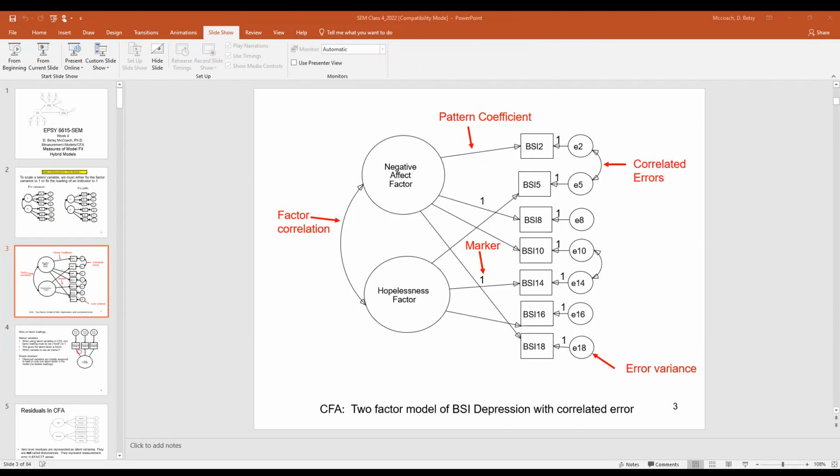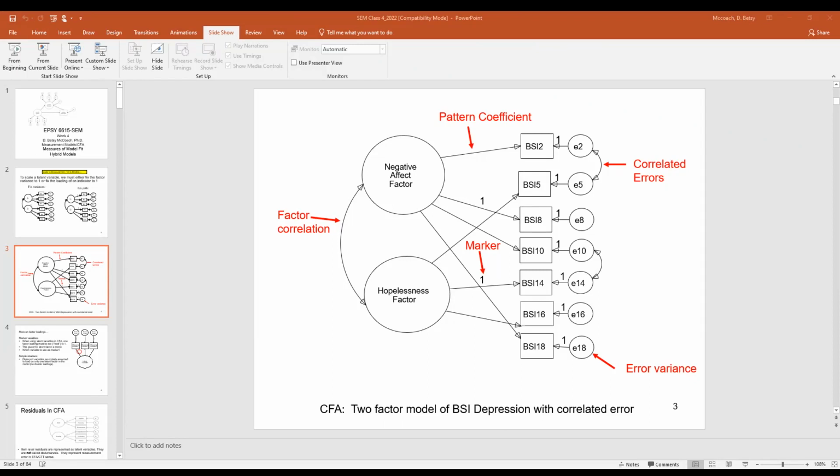They tell you that these two items are more related than would be predicted by the factor structure that you have posited. And going back to my little double loading, a double loading is not the same thing as a correlated error, but it could be that when I allow BSI2 to double load on hopelessness, maybe that helps to fix the problem.